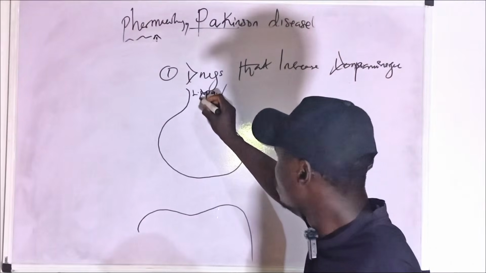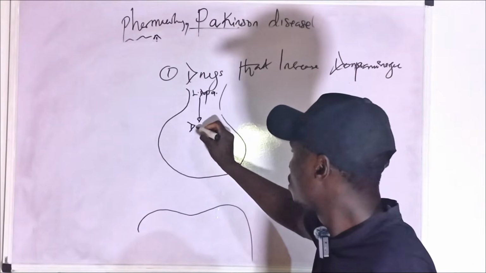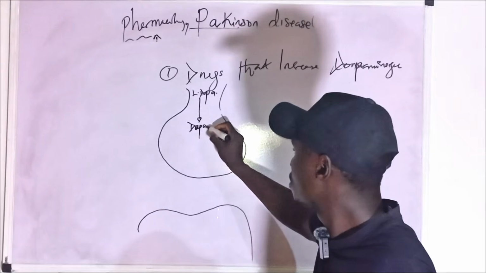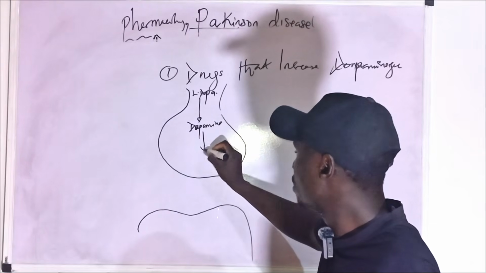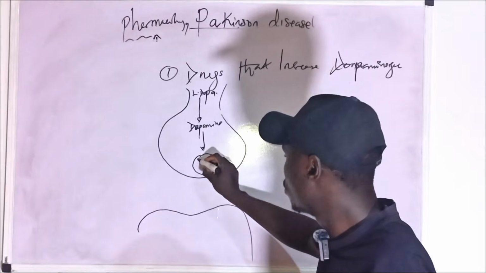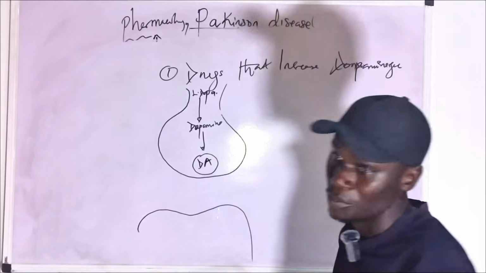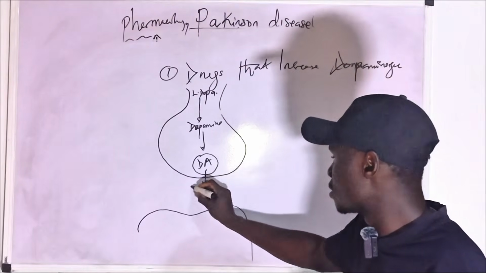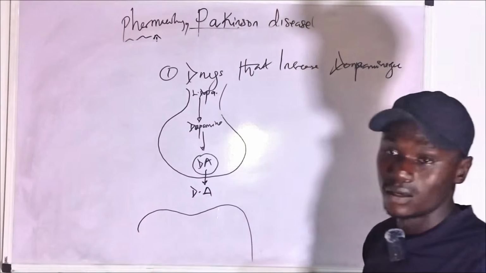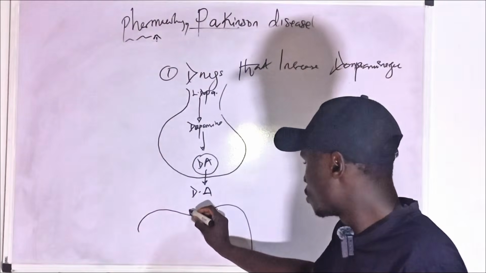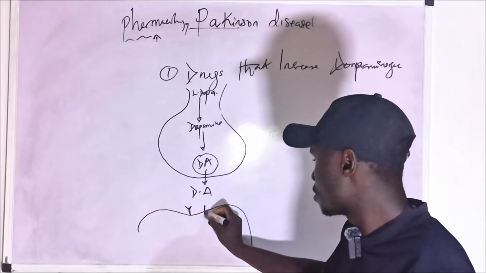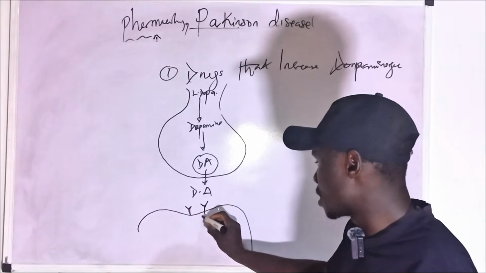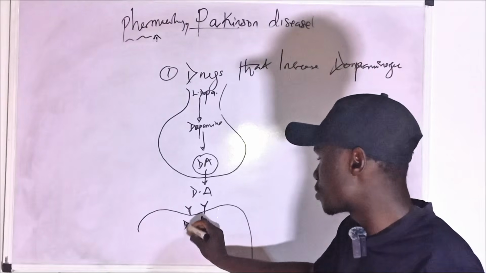So this is L-dopa going to form dopamine. Then this dopamine will be stored inside vesicles. We all use DA for dopamine. Then subsequently, it will be released into the synaptic cleft, where it will bind to dopaminergic receptors. These dopaminergic receptors are called D2 receptors.